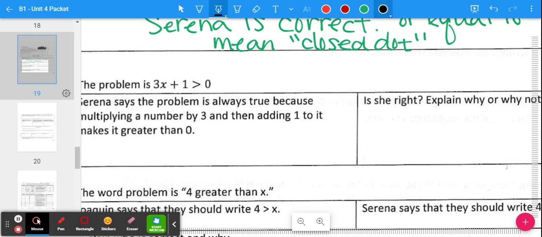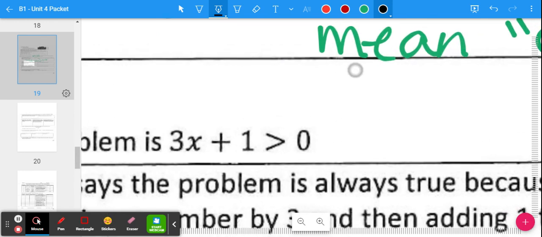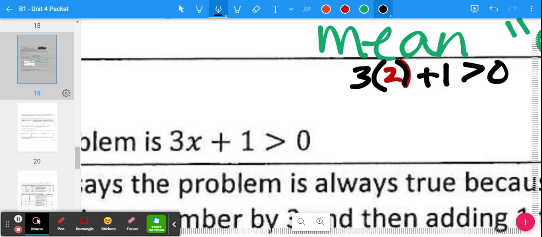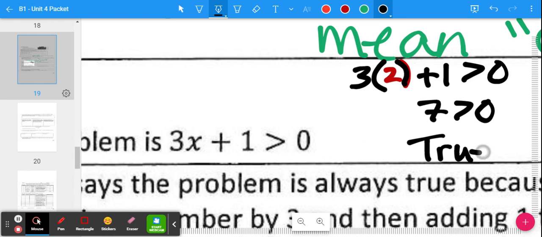So if I plugged in a 2, I would have 3 multiplied by 2 plus 1 is greater than 0. 3 multiplied by 2 is 6. 6 plus 1 is 7. 7 is greater than 0. True.